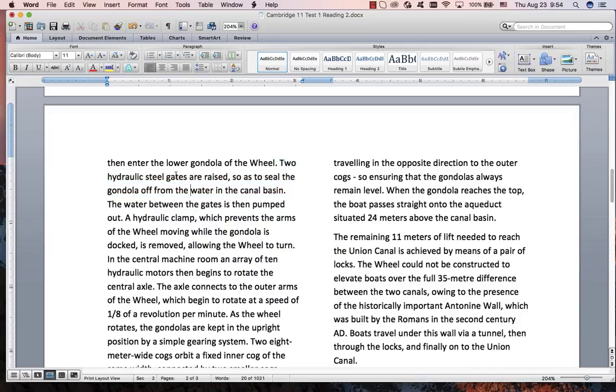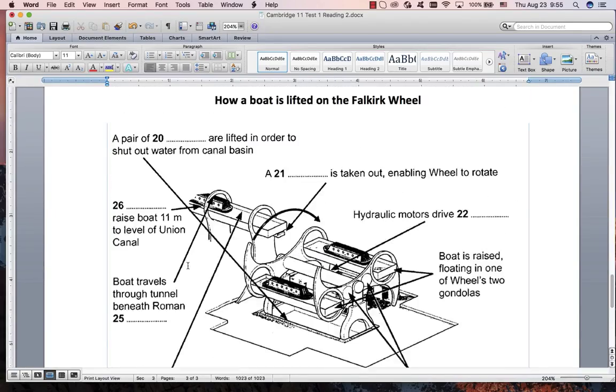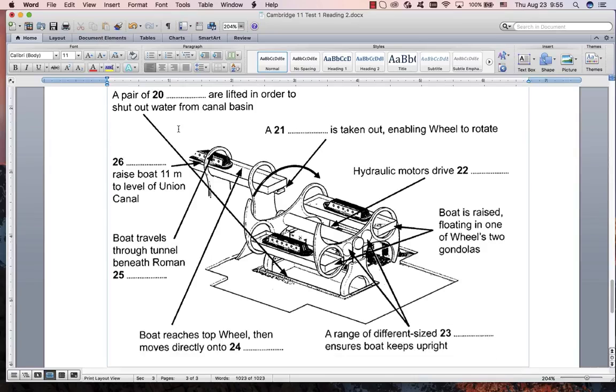There's only one, and so gates must be your answer. Great. 21. Before I continue, I do want to say about diagrams, usually they do follow the order in the text. Well, look, they do follow the order in the text, but very often they will have one where they go back, just to try and confuse you a little bit. In this one, I don't think that they do that, but be careful, they can do it.